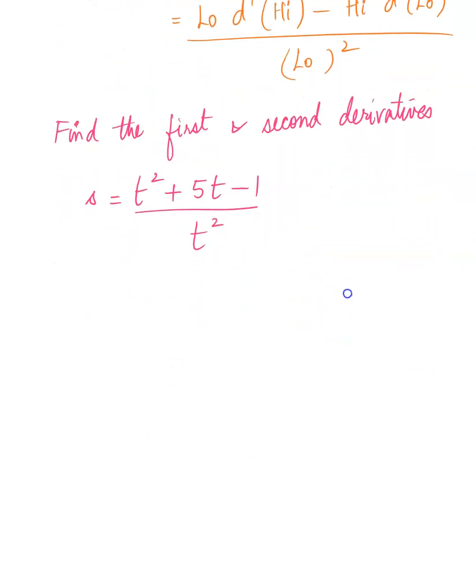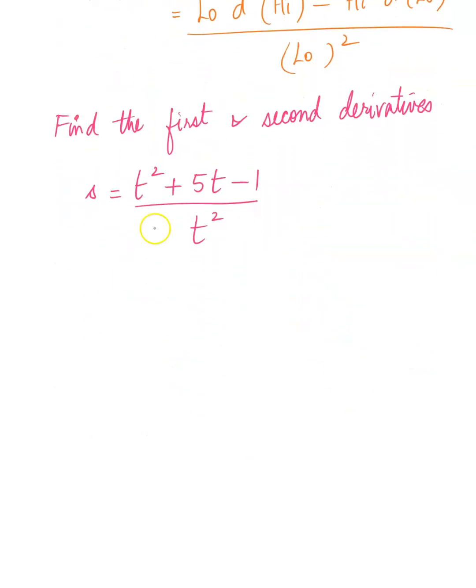If you think of this, the variables are s and t. Let's make a quick observation there. S is written in terms of t, which implies s is a function of t.